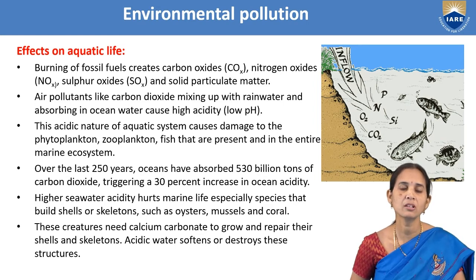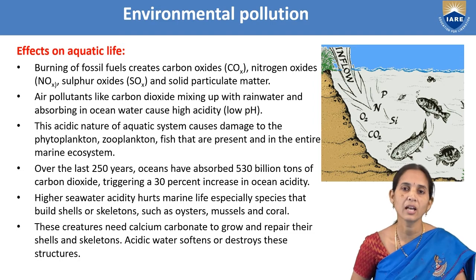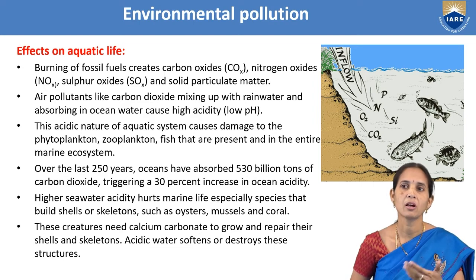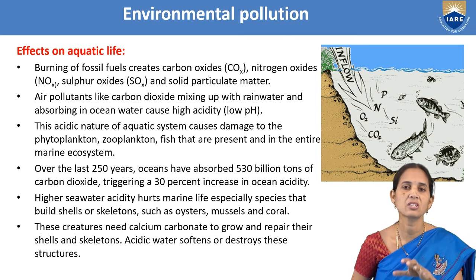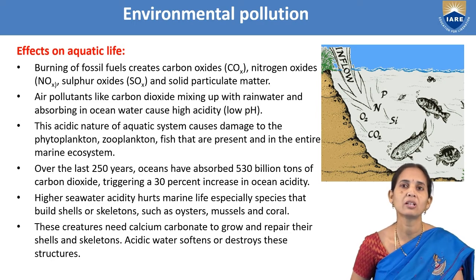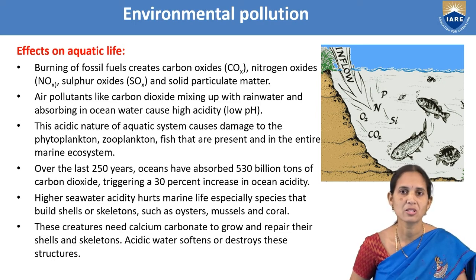When acidity increases in the water, it affects aquatic life. It affects the fish, the phytoplankton, and zooplankton. The living organisms present in the rivers and seas are affected by the pollutants present in the air.